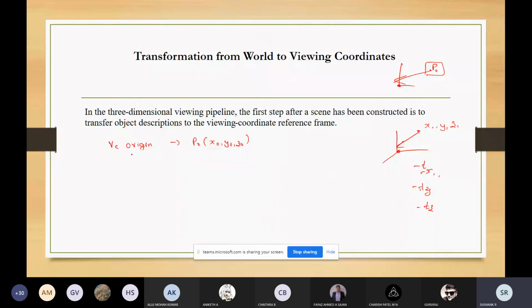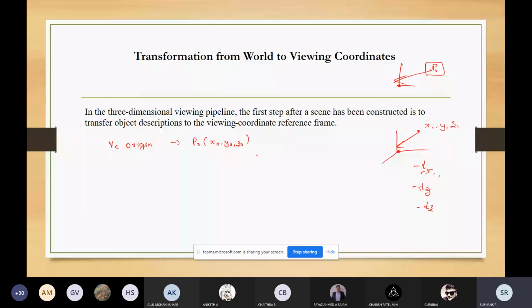Here the VC origin, the viewing coordinate origin, is at some position in the world system, given by x naught, y naught, z naught. So how do I translate? We already know the matrix for translating the viewing origin to the world origin, which is given by the inverse translation.